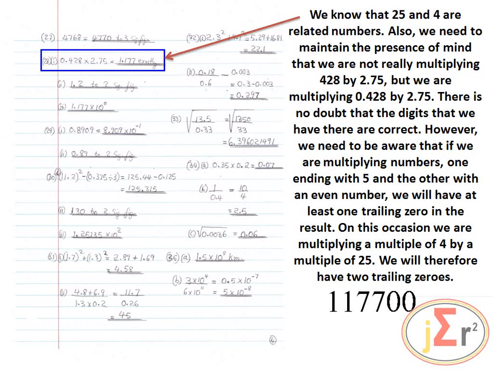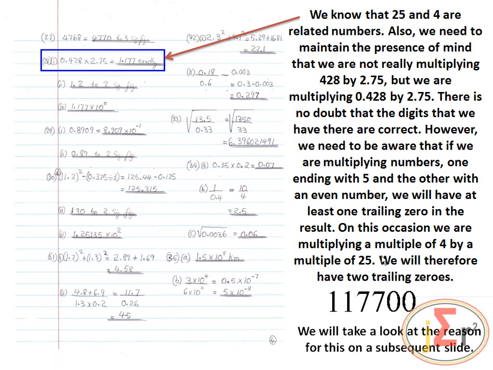So we are sure that we will have at least a single trailing 0 right there. We are also saying, additionally, if we are multiplying a multiple of 4 by a multiple of 25, then we will have 2 trailing zeros, and we will take a look at that on a subsequent slide.